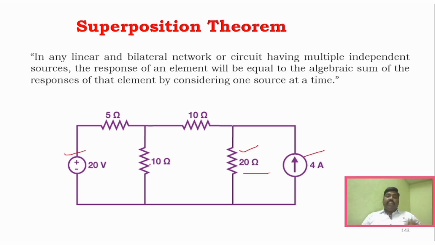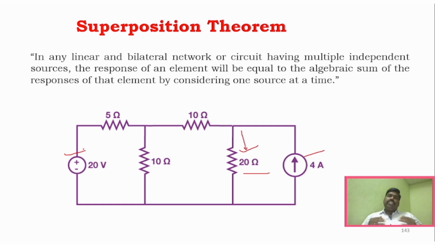That is, first we consider this source and find the current flowing here, and then we consider this source and find the current flowing through this element. So the response of this element will be the algebraic sum of these two, but we have to consider one source at a time. That is superposition theorem.